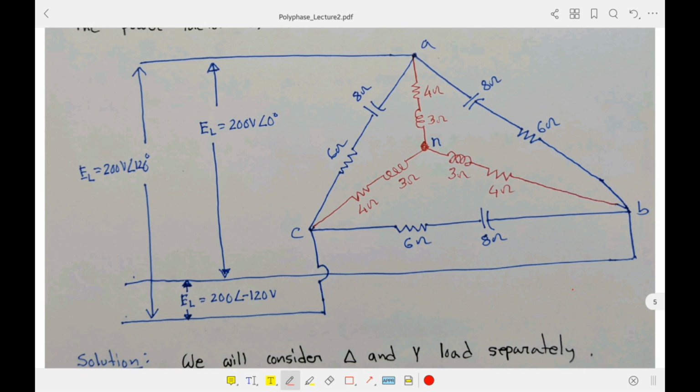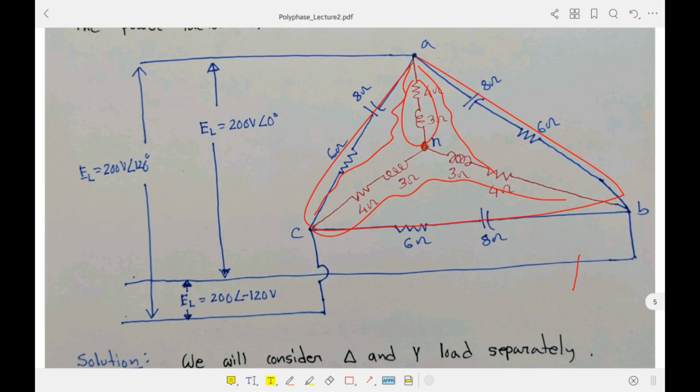So we can solve it in two ways. First, we can convert this delta to a Y connection, and then this Y will be parallel to our existing Y. Then we can use the parallel equivalent resistance and determine the power of that Y branch.